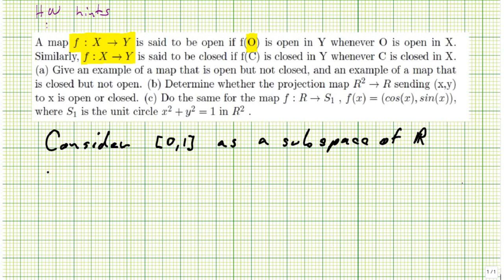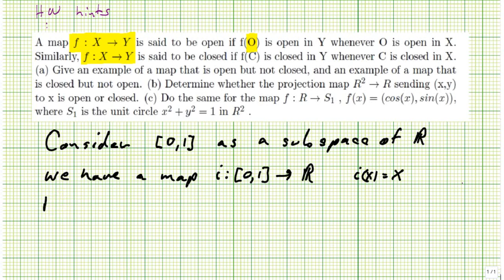Now we have a map, which I called I in class, from 0, 1 into R. In fact, we automatically get an injection map from any subspace into the superspace, right? And it's just the identity map, such that I of x is equal to x. It takes 0 to 0 and a half to a half and 1 to 1.